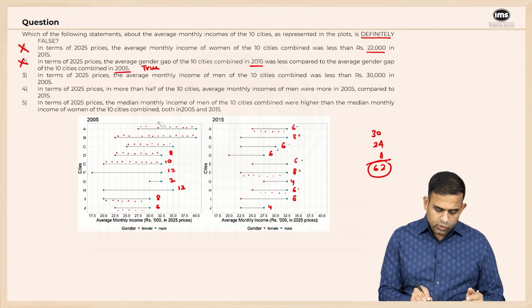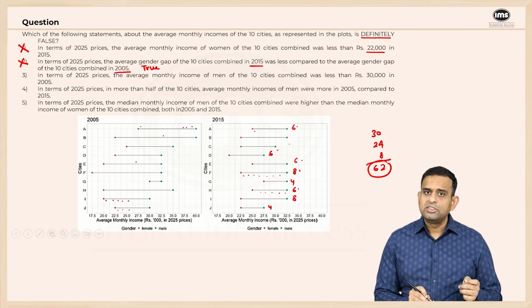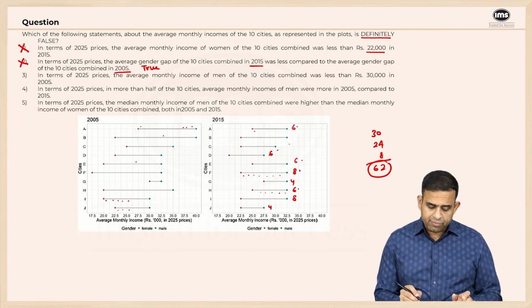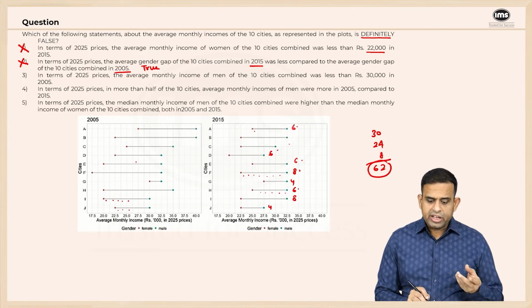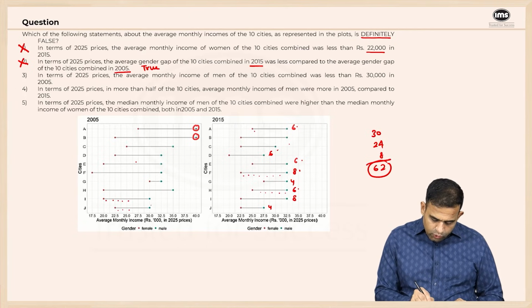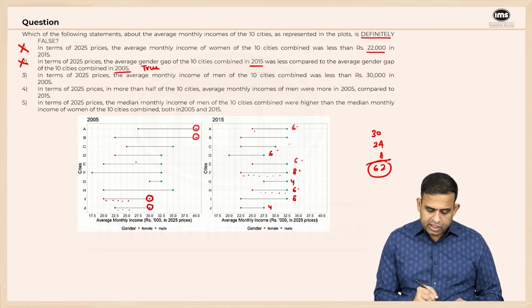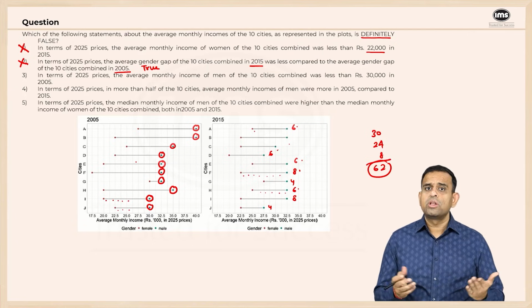Then suppose I try to look at the next one, in terms of 2025 prices, the average monthly income of the men in the 10 cities combined was less than 30,000 in 2005. So we have to focus on the 2005 numbers, and you can see for each city, the lowest one, one can say, is equal to 30,000, and for every other city, the average monthly income of the males is, let's say, more than 30,000.